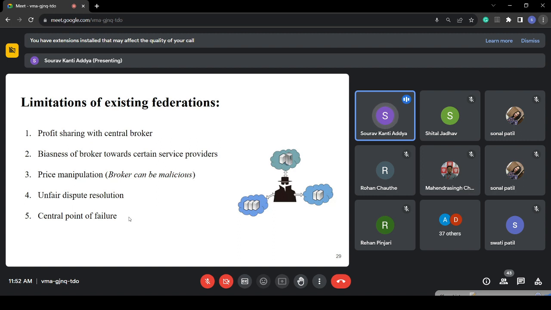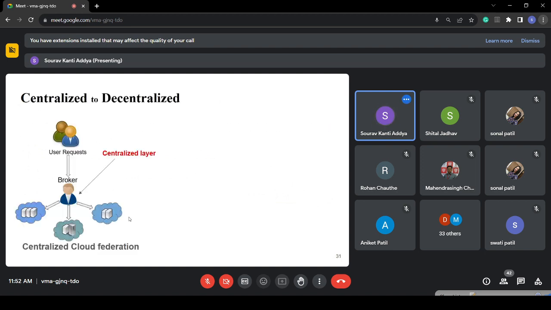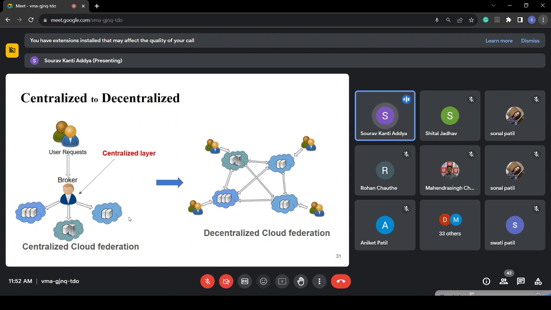So what is our objective then? To remove the central broker and design a decentralized architecture. So this is our target.